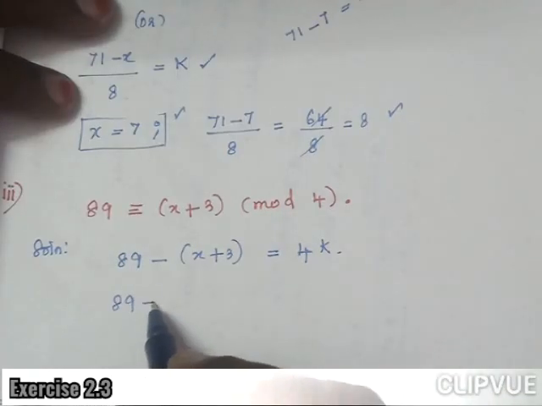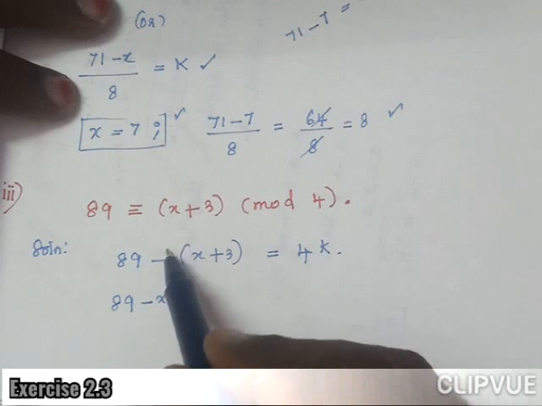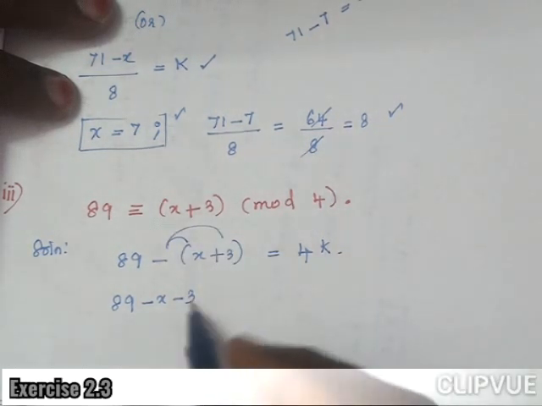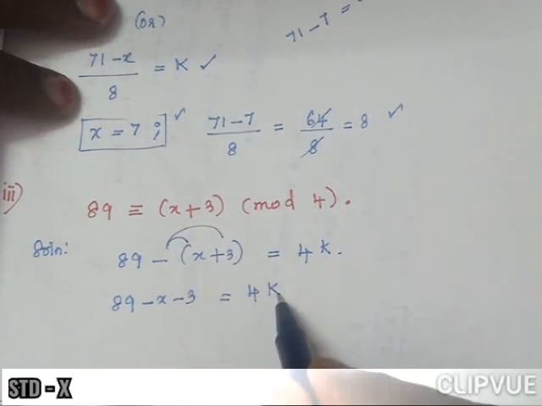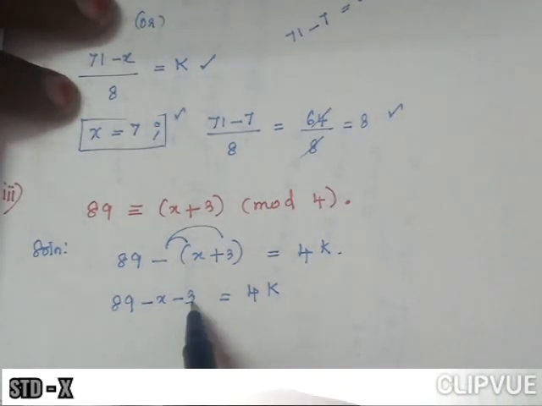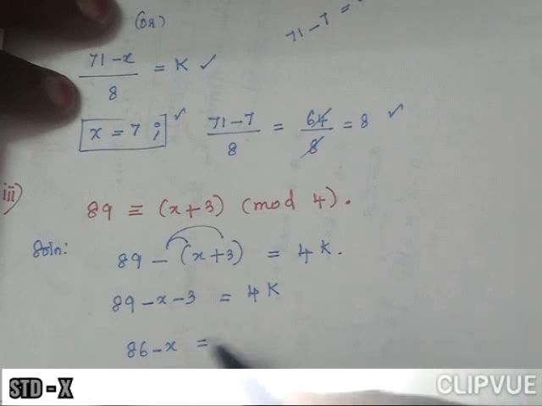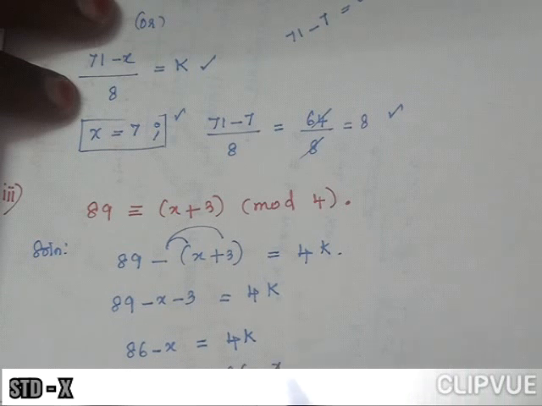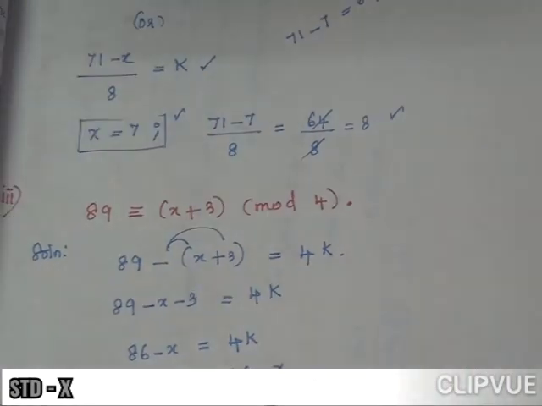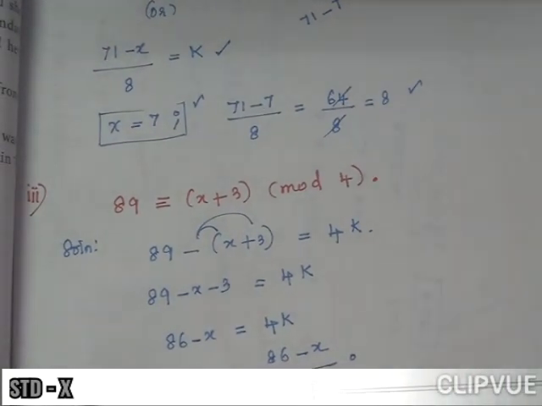So 89 minus x minus 3 is equal to 4k. So 89 minus 3 is equal to 86 minus x, which is equal to 4k. So k is equal to (86 minus x) divided by 4.